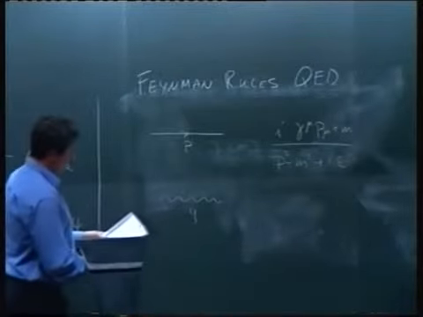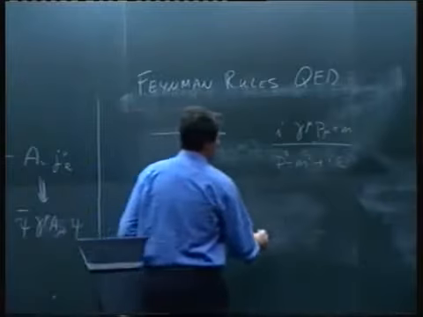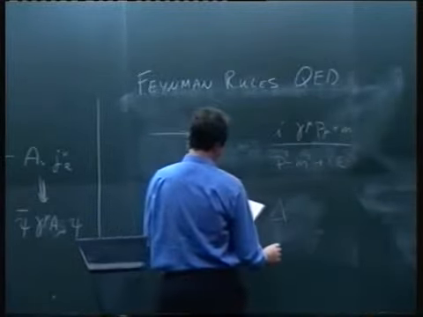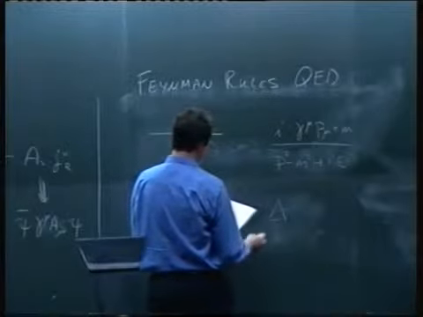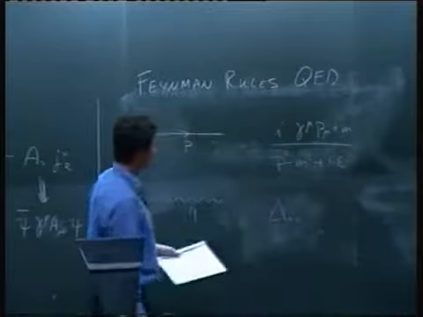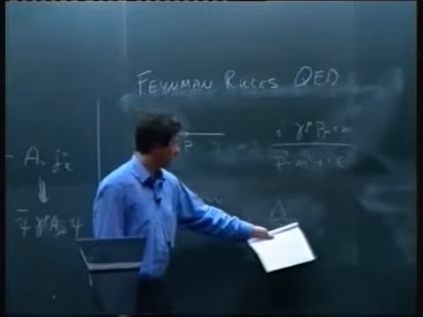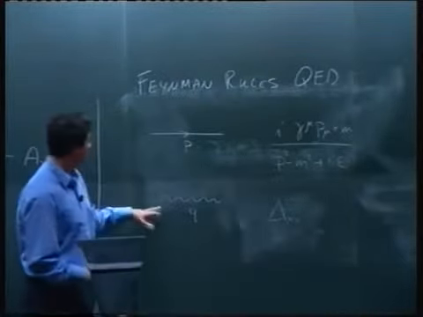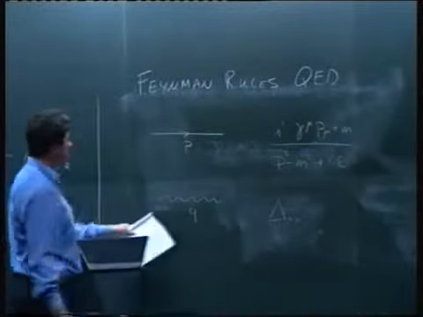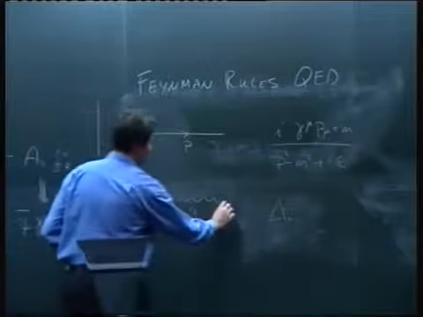And the photon propagator, which I'll give a name delta, has two indices because the photon field has one index, and the propagator connects one part of the photon field to another part.